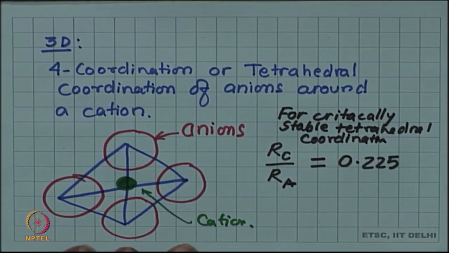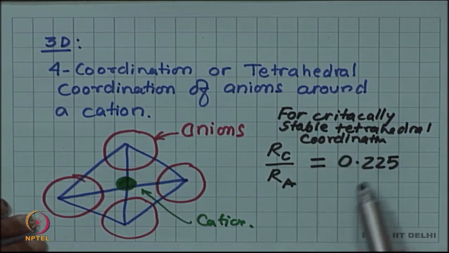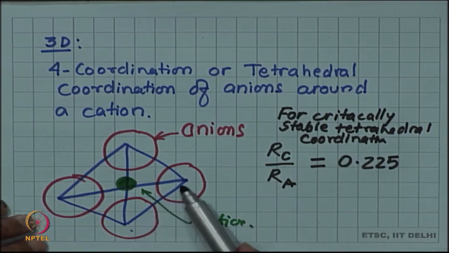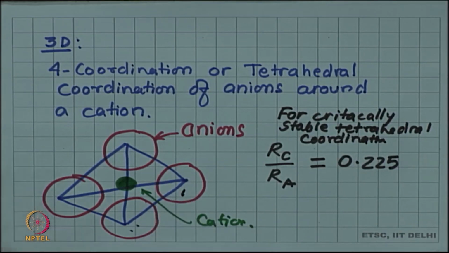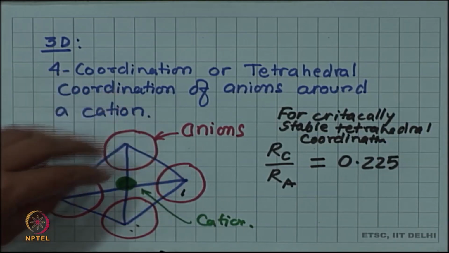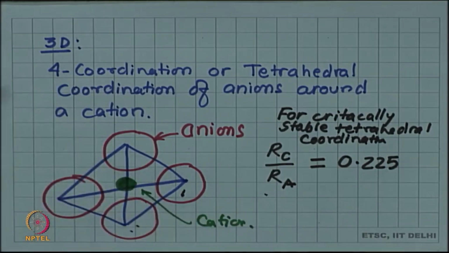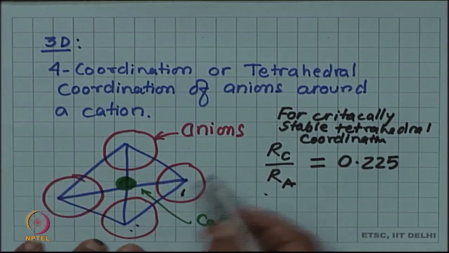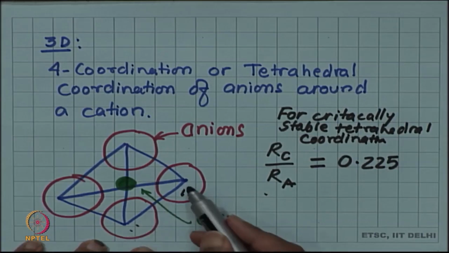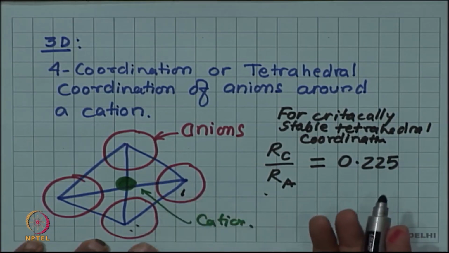Following our argument from the triangle, in the critically stable one the anions also will be touching, because we have allowed anions to form a close packed structure. But we do not want anions to touch. If you do not want anions to touch, Rc should be larger than this critical value, because then it will open out the tetrahedron and force the anions to separate, and forcing like-charged anions to separate is a good thing.